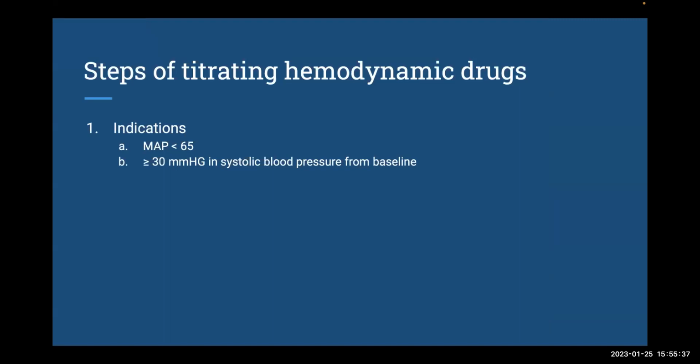But also, let's say you had a patient that was very hypertensive and all of a sudden their systolic blood pressure went from 180 to 110. That's concerning because their body's used to a certain amount of flow, and all of a sudden that's decreased. That could lead to organ failure. So the indications aren't strictly that it has to be less than 65, but can be very patient specific. Keep in mind what the clinical picture is.